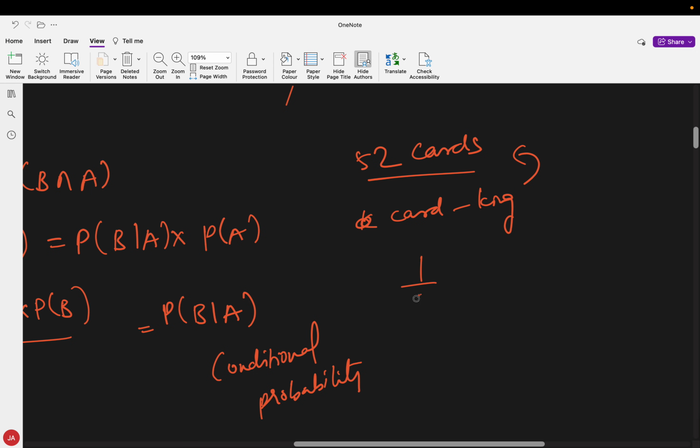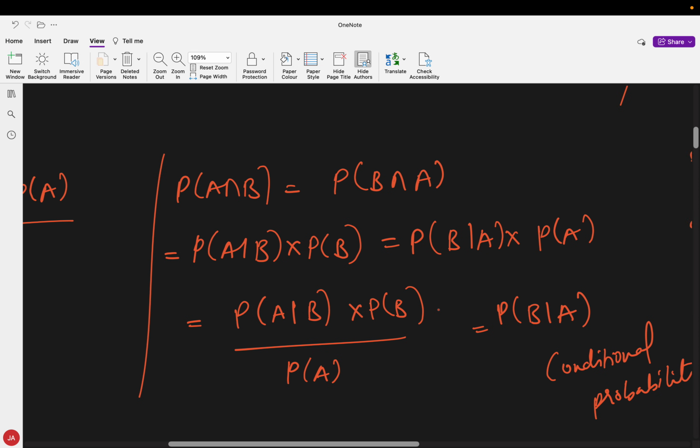Now my sample space reduces to just 4 cards because the number of possible cards is just 4. Therefore, my sample size is reducing. Sample size was first 52, now it is reducing. So my denominator changes.